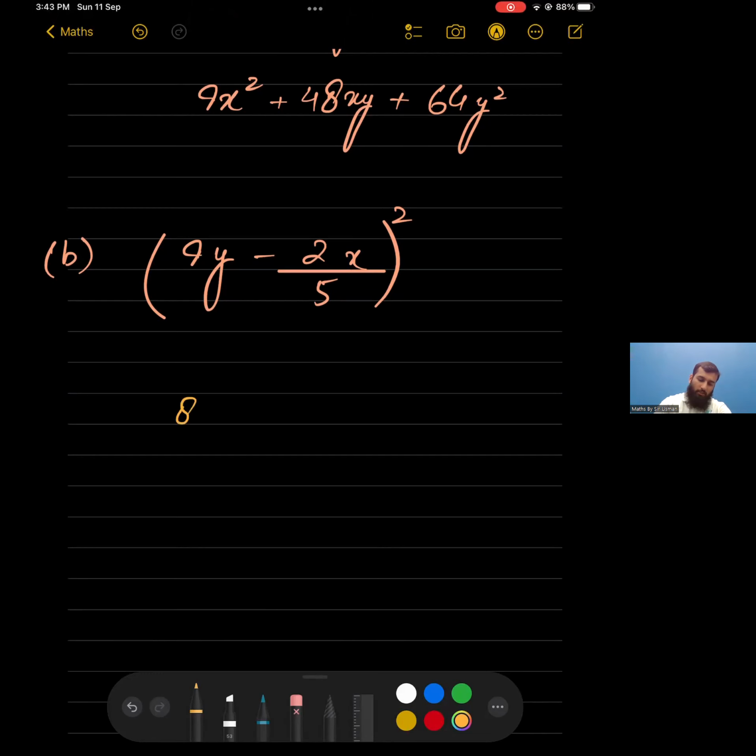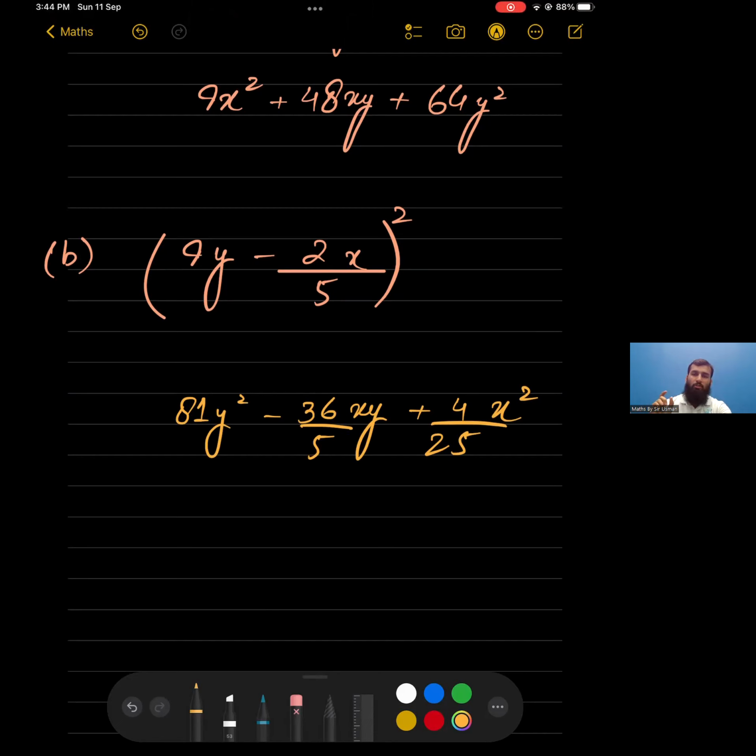Okay, so the first answer is 81y squared minus 36 over 5. We have missed xy in the center. Then we have got plus of 4 over 25x squared. Okay, everyone else kindly just confirm if you have got the same answer or not.